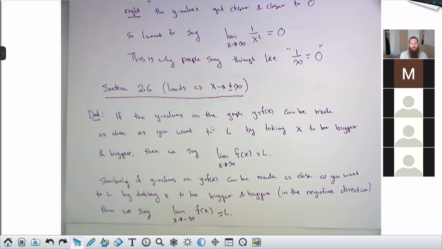If you can make the y values along the graph of f of x arbitrarily close to L by taking x to be bigger and bigger, then we say the limit as x goes to infinity of f of x equals L. Really, the most intuitive way I can describe this is if as x gets bigger and bigger and bigger, the y values along f of x get closer and closer to, and stay closer and closer to L, then we say the limit as x goes to infinity of f of x equals L. In other words, the line y equals L is a horizontal asymptote. Limits at infinity are the same thing as finding horizontal asymptotes. That's really what's going on here.